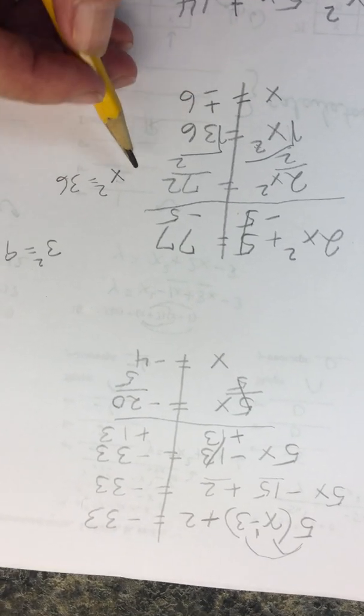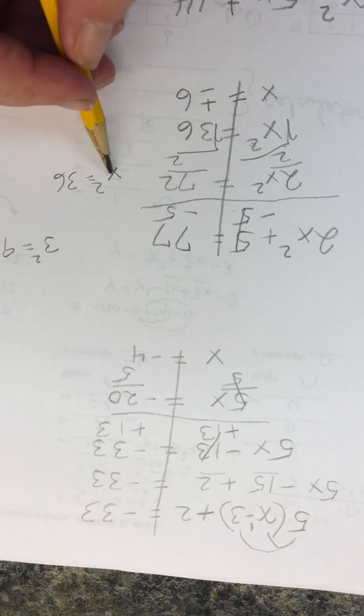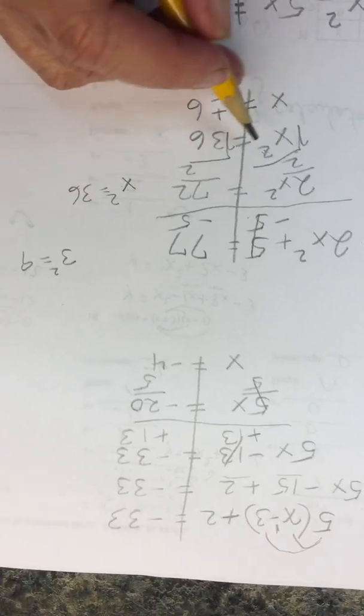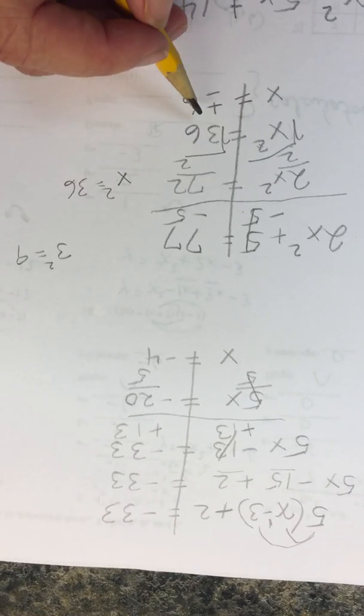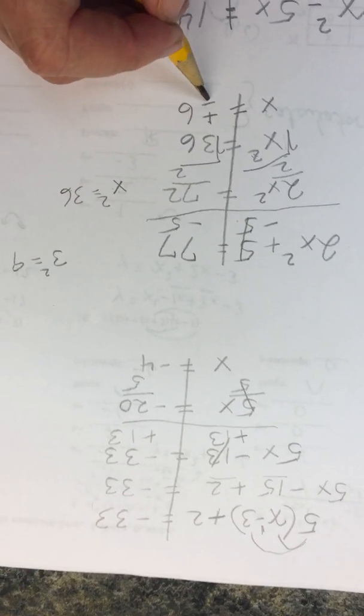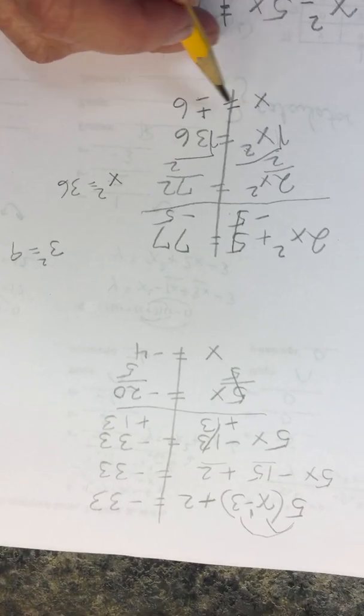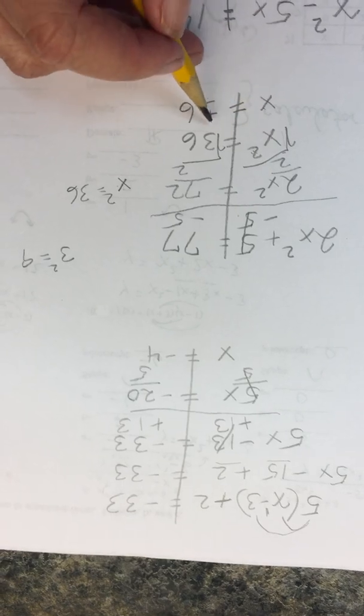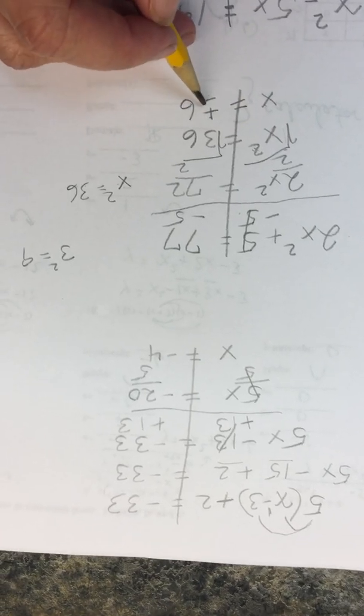What if x is a negative 6? Negative 6 times negative 6 also equals 36, because that's what squaring is having you do, is multiply it times itself. So when you're solving an equation, you put the square root around this number, you want both the positive and negative answer. So you need to be sure and say there's two answers, x equals positive 6 and x equals negative 6. The short way to write that is x equals plus or minus 6. So this is a plus or minus sign.